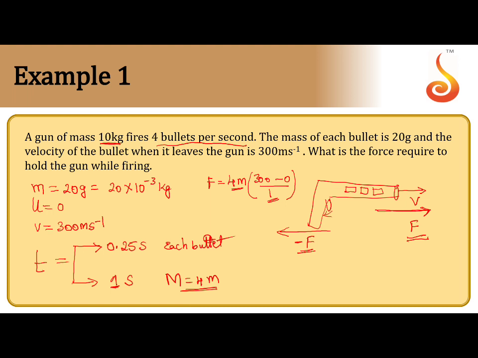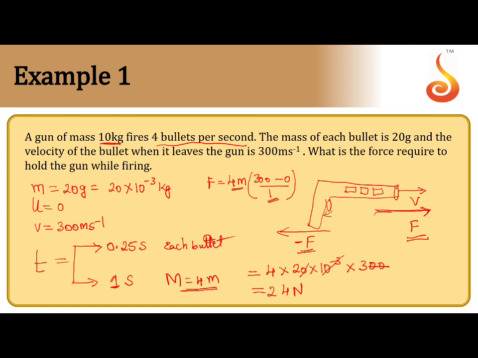You substitute that value. This turns out to be 4 into 20 into 10 power minus 3 into 300. These two zeros cancel with 10 power minus 3. So this will be 24 Newton.